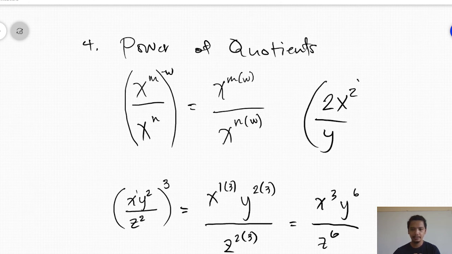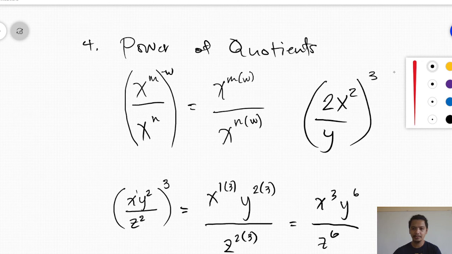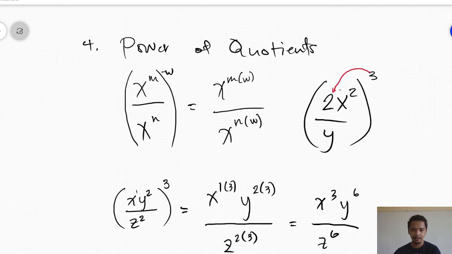Na-raise mo siya, let's say, sa 3. So, yung pag-distribute mo, dapat idadamay mo din yung iba pang numbers, like yung 2. I-raise mo yung 2 raised to 1 sa 3, i-raise mo yung x squared dun sa 3, at yun din yung sa y.